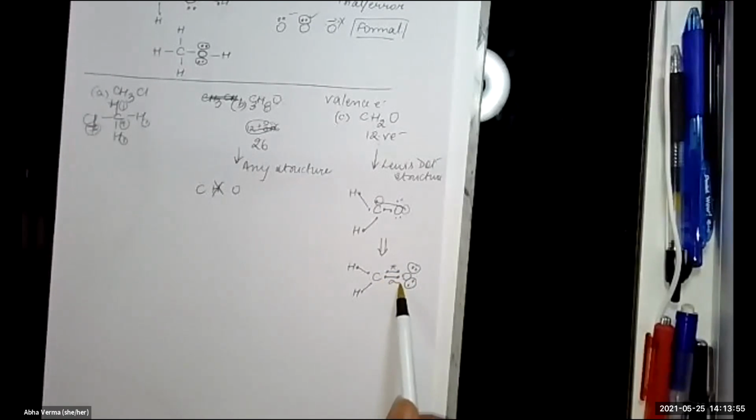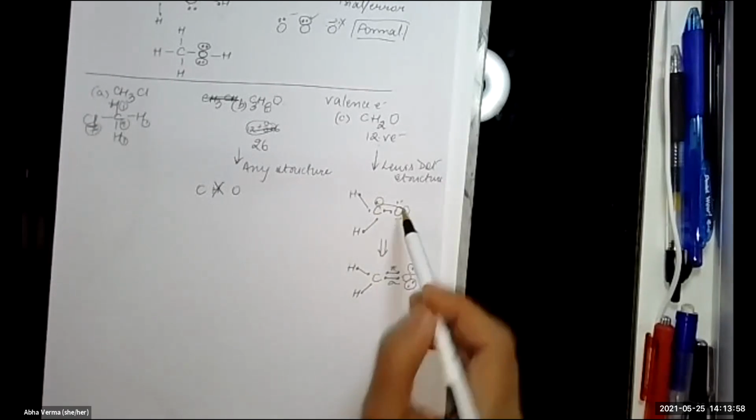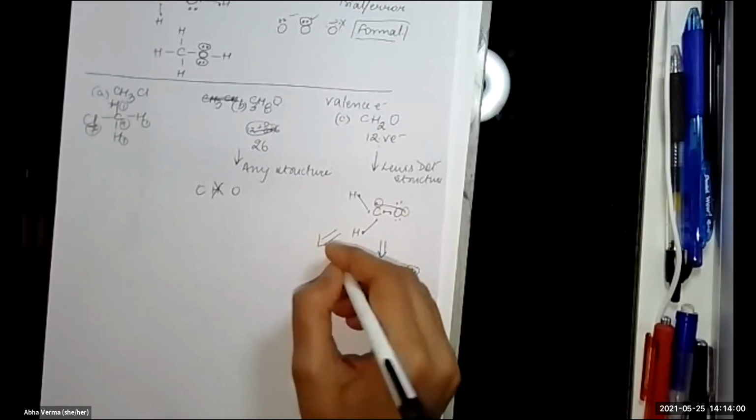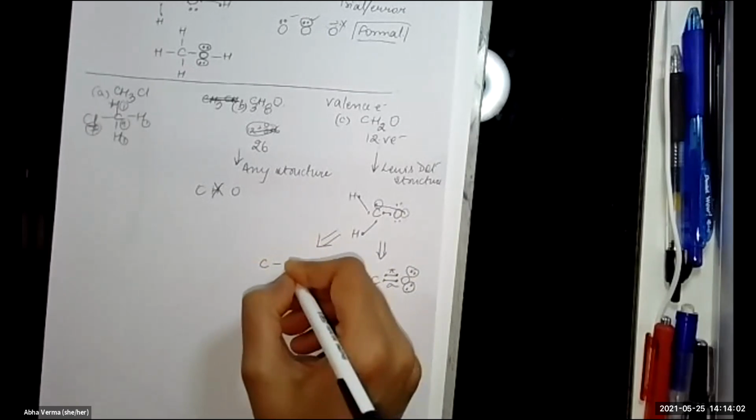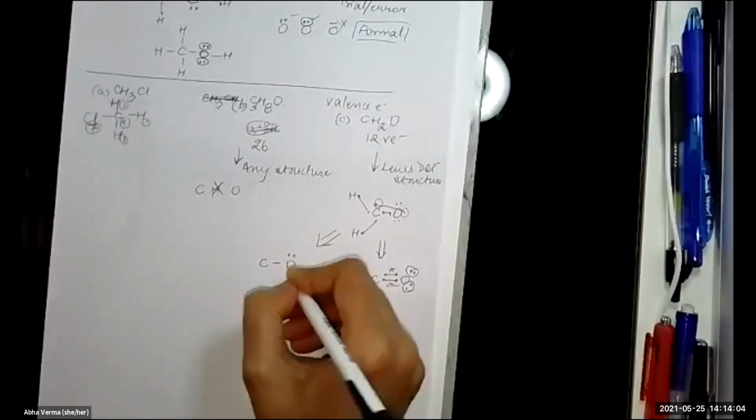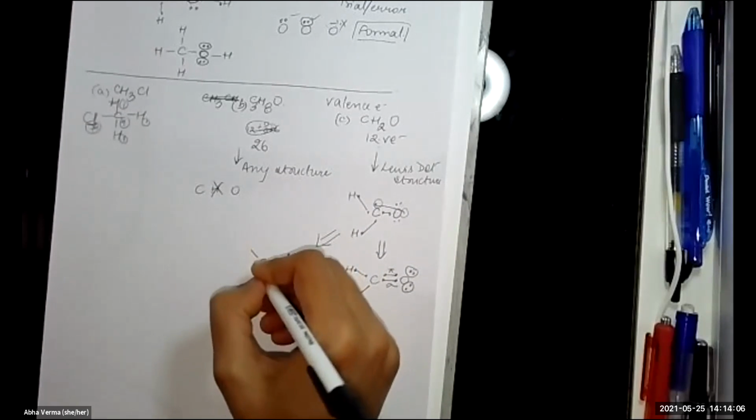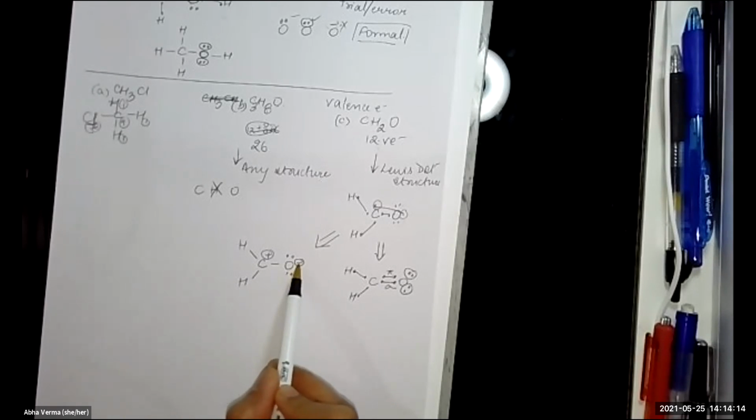Now I can make this from here, or I could have made this structure also. Why did I give a negative charge to oxygen?